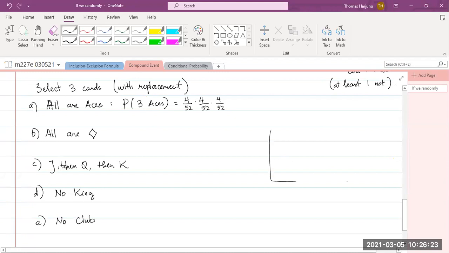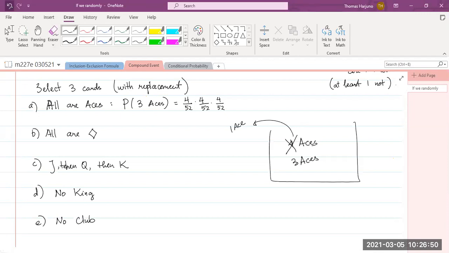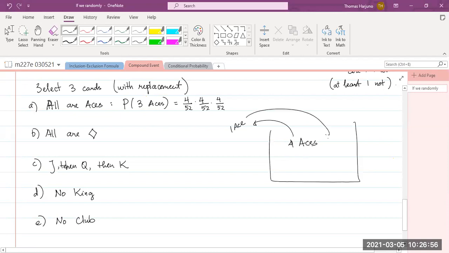Let's say this is the pool of cards, right? There are 4 aces. You pull 1 ace out. Oh, that's an ace. If we do it without replacement, then after that, you only have 3 aces left to select from, out of 51 cards, not 52 anymore. But if you do it with replacement, you put that ace back, so for the second draw you start with the same situation as earlier.